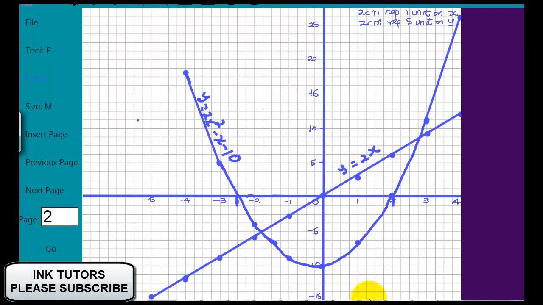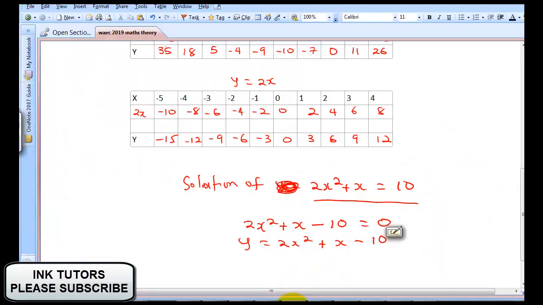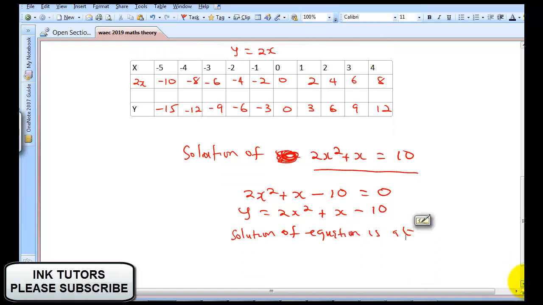So at this point, the solution of the equation is at x equal to minus 2.5 and x equal to 2.